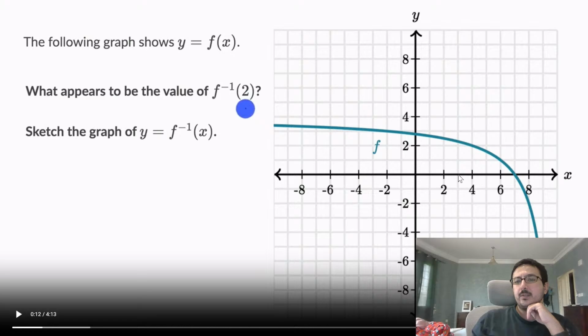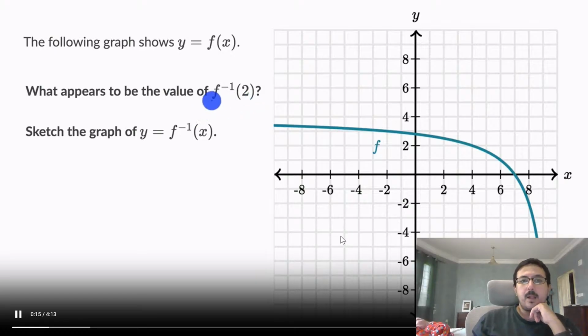So if x is 3, it's going to give me 2 here. I guess it's going to be something like this, I would say.